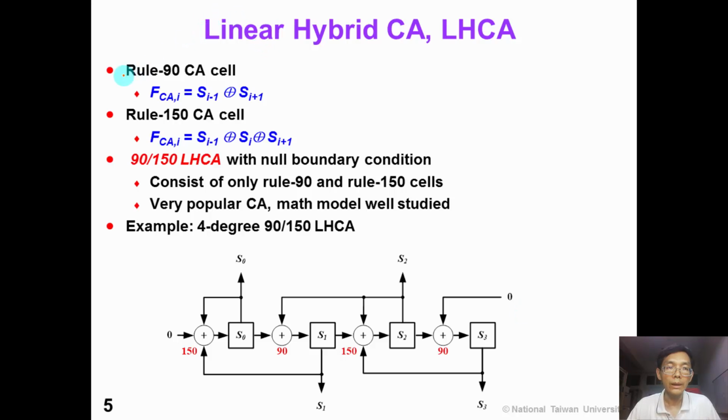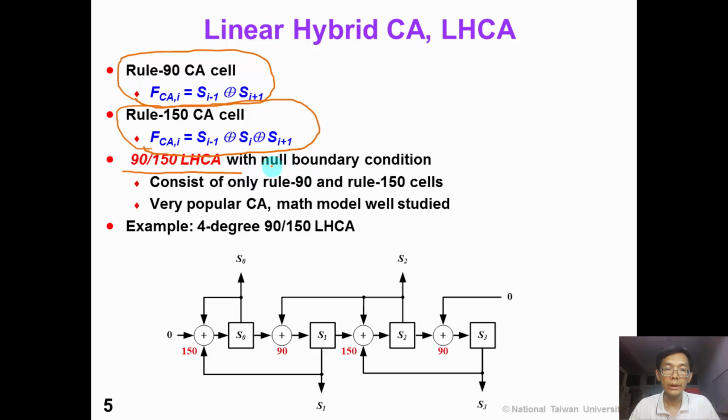Now we know that the rule 90 cell has this function. Similarly, we can have a rule 150 cell which has this function. We can put these two cells together to construct a 90-150 linear hybrid cellular automata, LHCA.